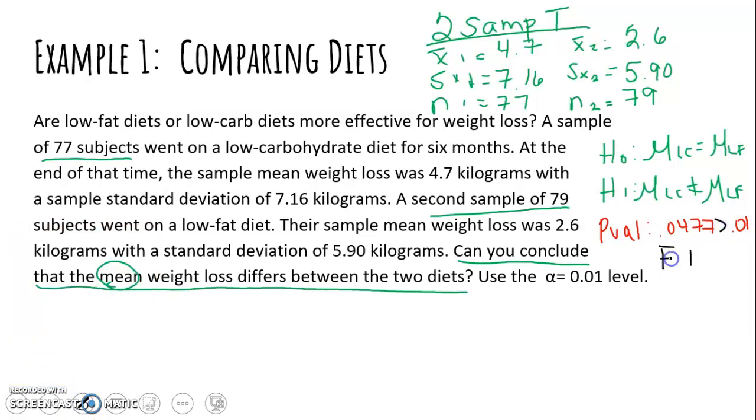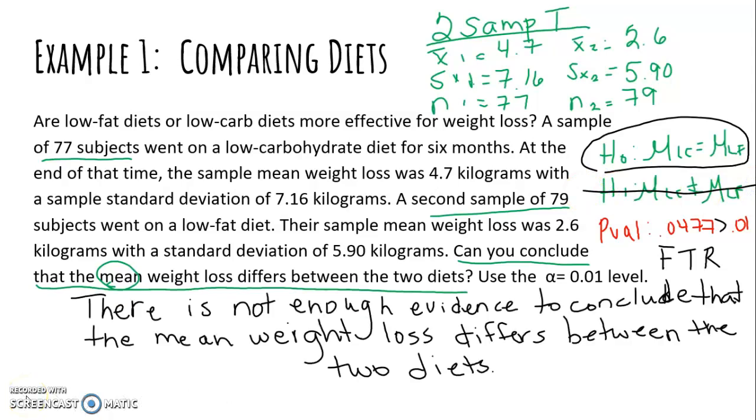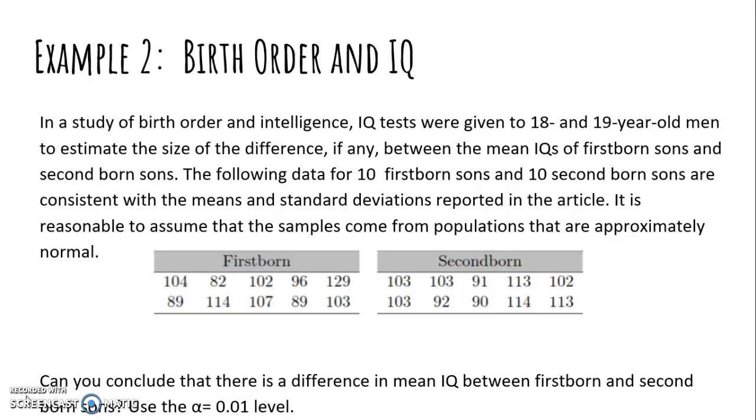So we fail to reject. And if we fail to reject, we can't reject the null, then we don't have enough evidence to support the claim. So in conclusion, there is not enough evidence to conclude that the mean weight loss differs between the two diets. Okay, so check this one out.